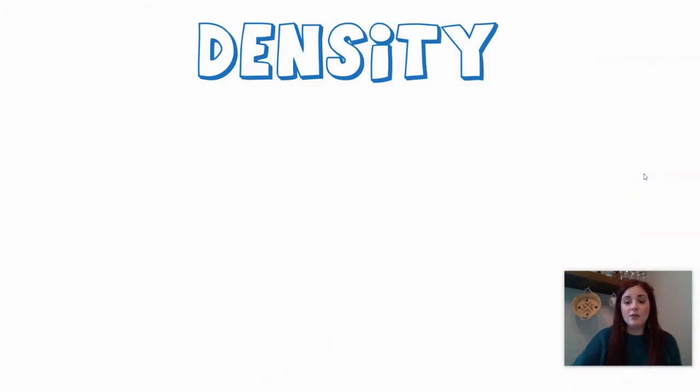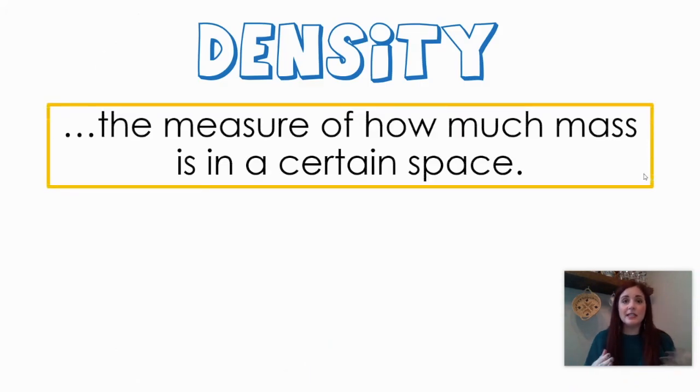So density, which you've started to experience in that lab we did, is the measure of how much mass is in a certain space. So with that introduction activity, you measured 100 milliliters of each of those four liquids. So all four of those liquids took up the same amount of space.